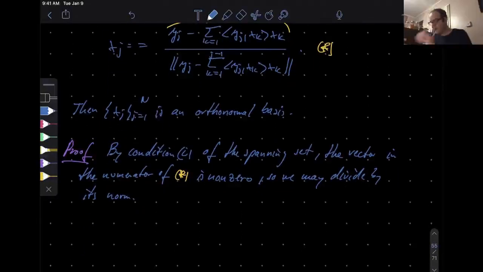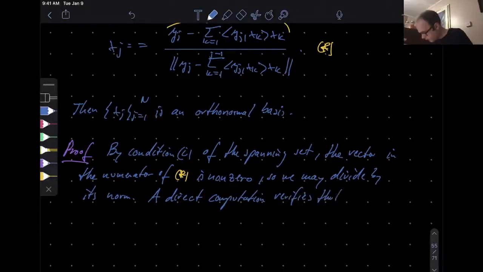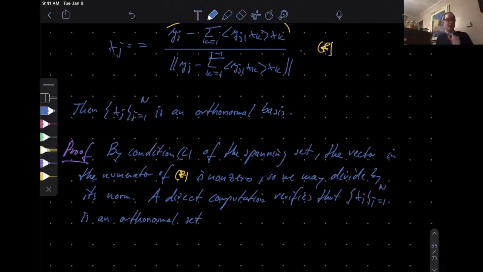Now I said earlier the proof is exactly the same as in linear algebra. By that I mean a direct computation. This is an inductive argument. You can look into your lecture notes in linear algebra. It verifies that the newly constructed vectors are indeed orthonormal, so that this set is an orthonormal set. And that proof is exactly the same as in linear algebra.